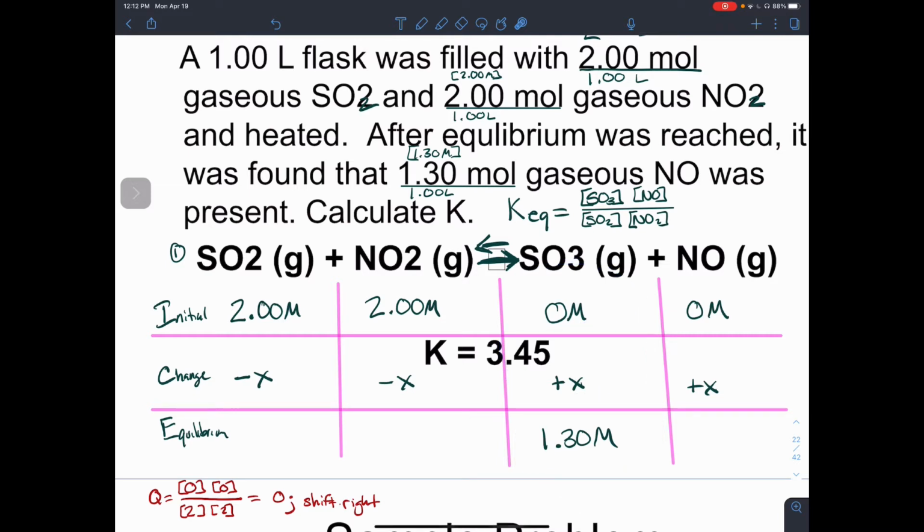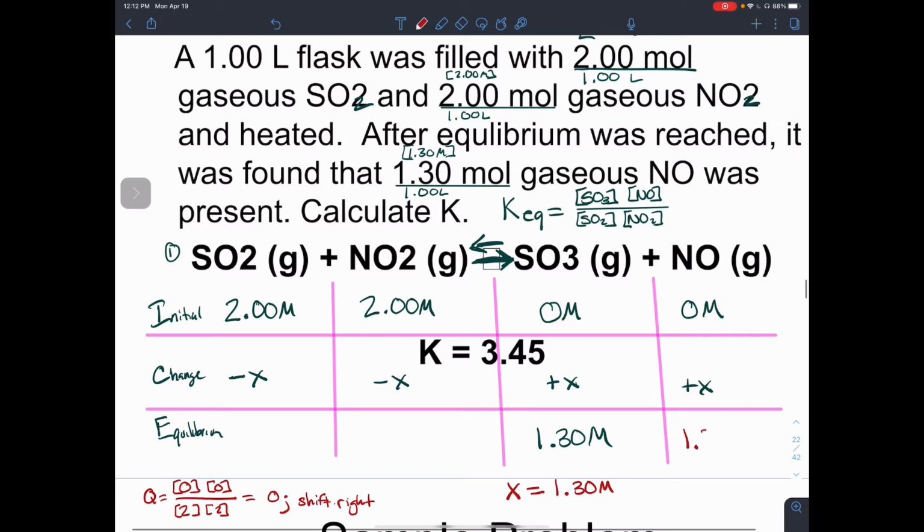So we can just read straight from the table that what was added must be 1.3. The X that was added is equal to the 1.3 molar. With that information, we can fill in the rest of the table. This must also be 1.3 molar.